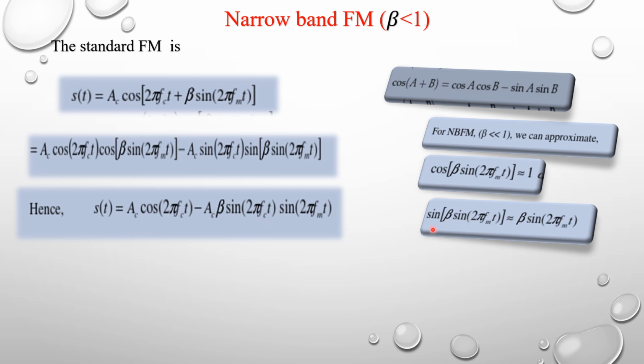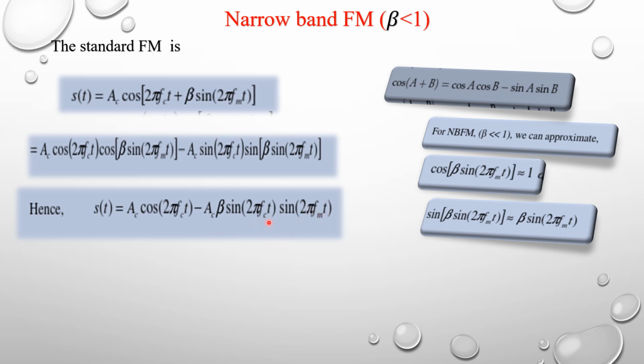So you retain sin 2 pi fc t as it is. So it is equal to AC beta sin 2 pi fc t into sin 2 pi fm t.